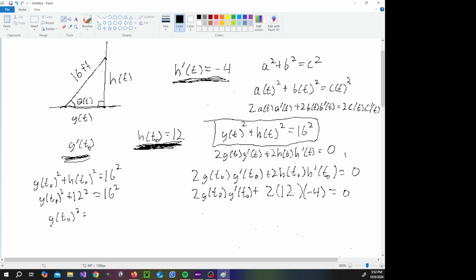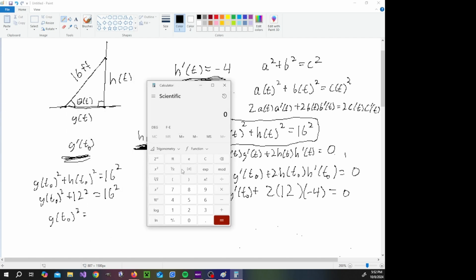16 squared, I'm opening a calculator. 16 times 16, 256. Minus 144, which is 12 squared, gives me 112.